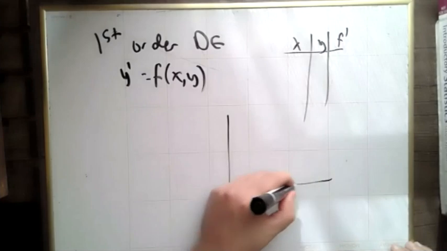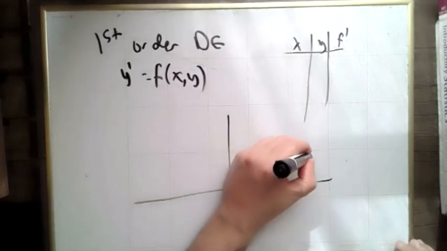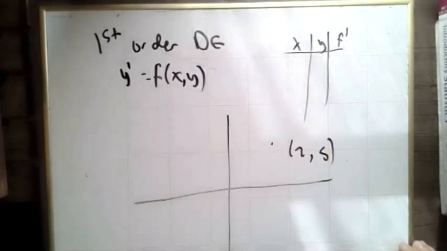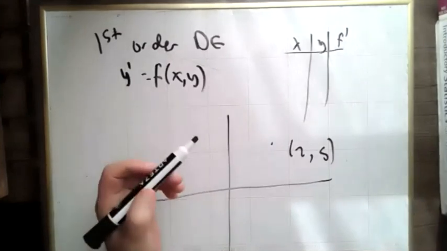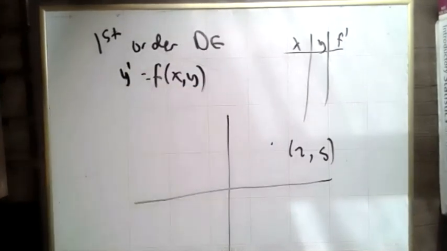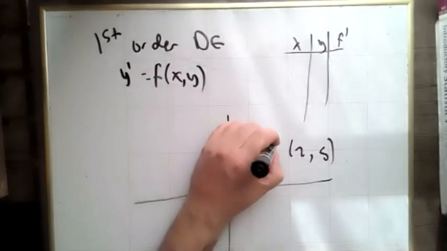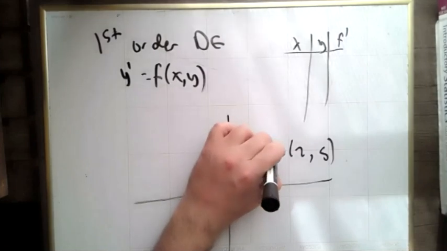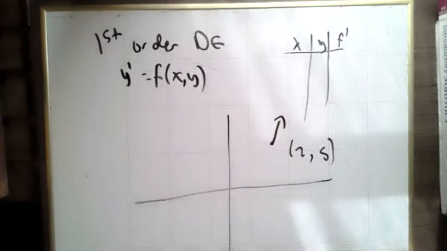So we're going to grab a point x, y, say our point is the point (2, 5), and we plug in 2 for x, 5 for y over here, and we get a slope of 7. Then we're going to plot a unit vector with a slope of 7 at that point.